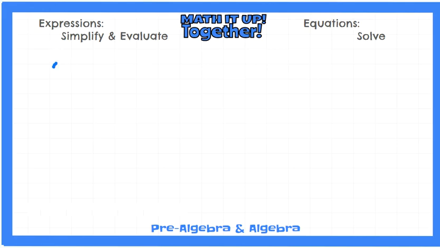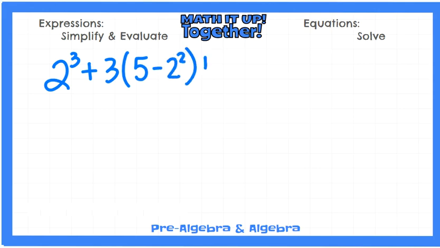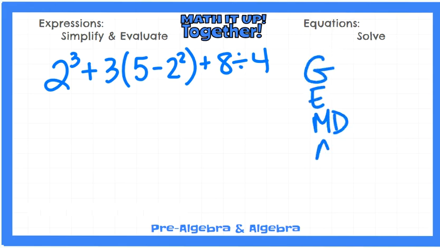So let's begin here with this expression. All right, so there are a lot of things going on here. We are going to remember that it is our job to follow the GEMDAS rule. So this would be for any groupings.